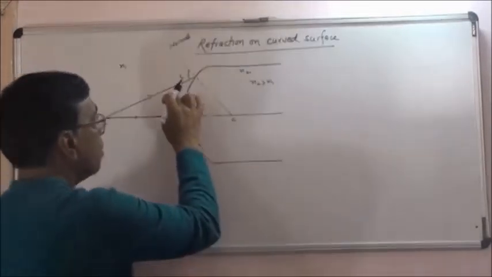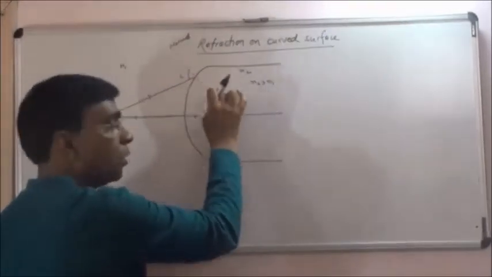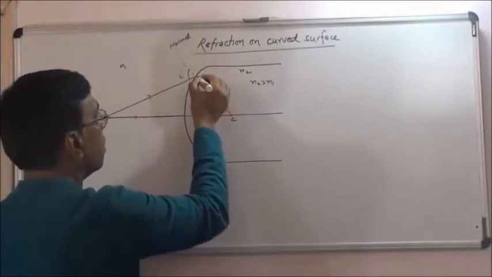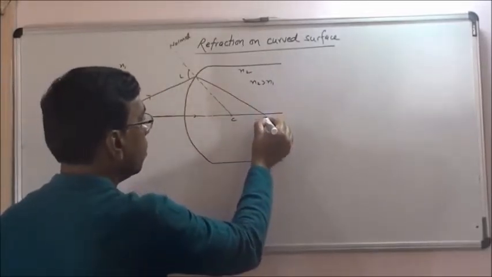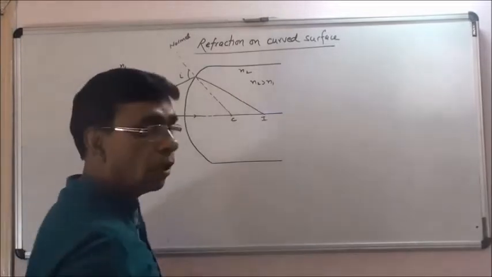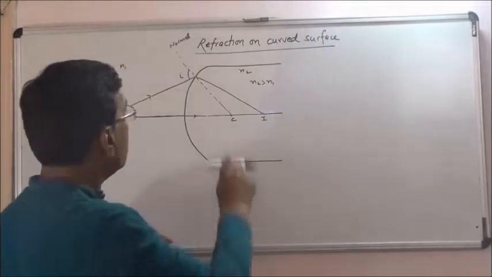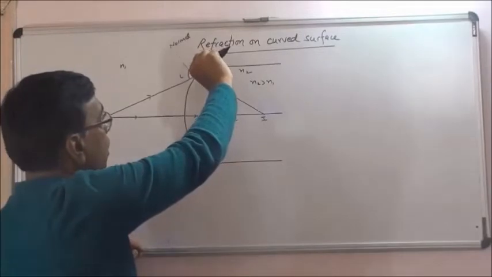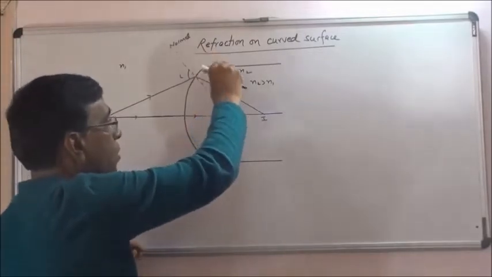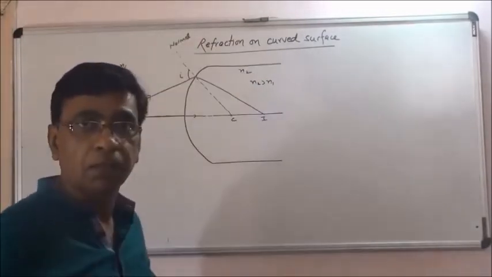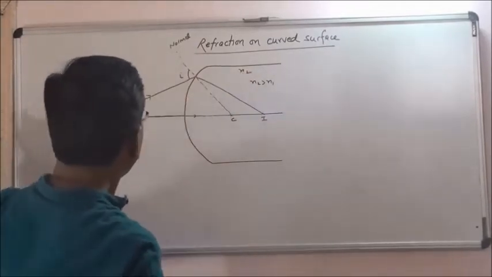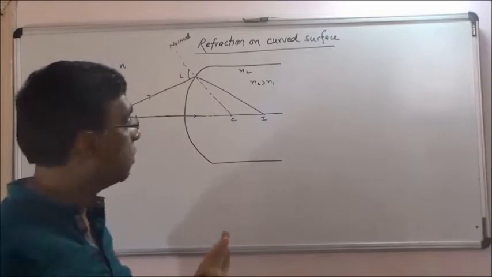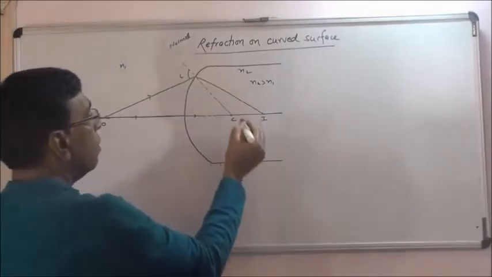And now the ray is moving from rarer to denser medium, so it bends towards the normal. I am taking a case of real image. Otherwise, it may also happen that the ray bends slightly but does not cross this principal axis. That's also possible. In that case, the ray will be extended and we will get an imaginary image. But here, I have taken the real image.